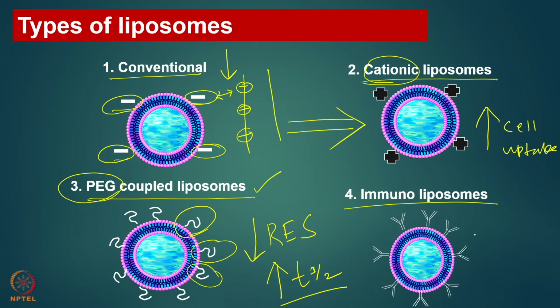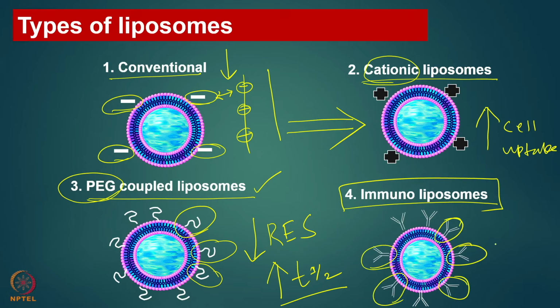In the fourth class, we have the immunoliposomes. Wherever you want to target particular cells, you can conjugate your liposomes with monoclonal antibodies and other types of ligands, which can be used for specific targeting in anti-cancer and infectious diseases.